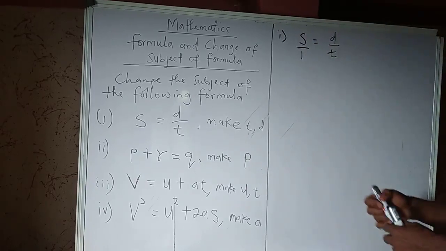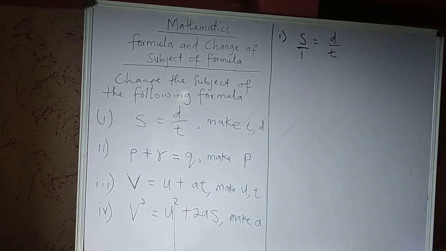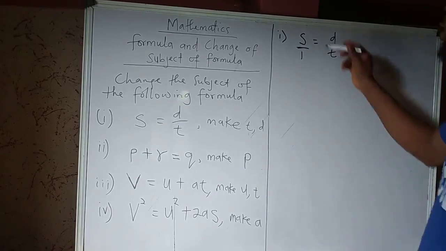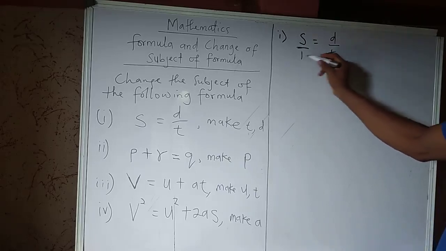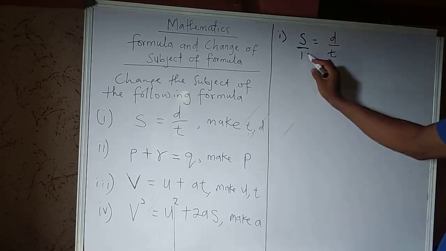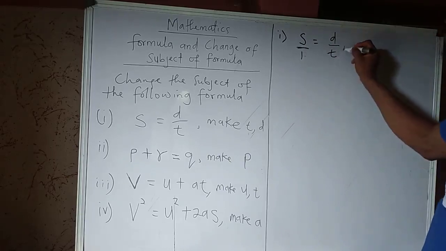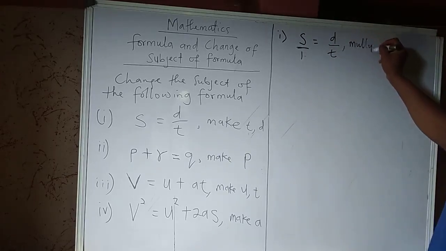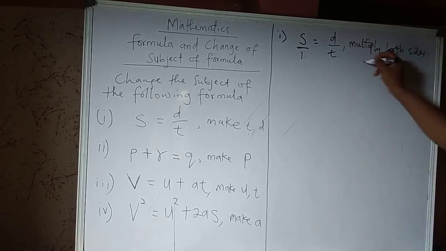The LCM of the two fractions, here is 1, here is T. The LCM of 1 and T, the denominators, is T. So I'll multiply both sides by the LCM, which is T, right?